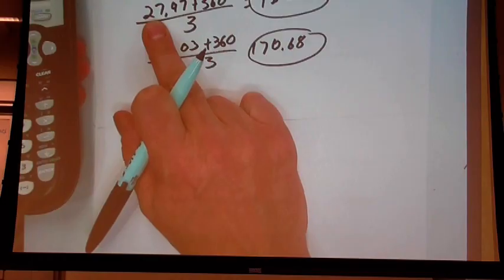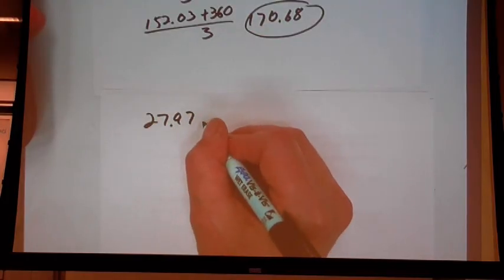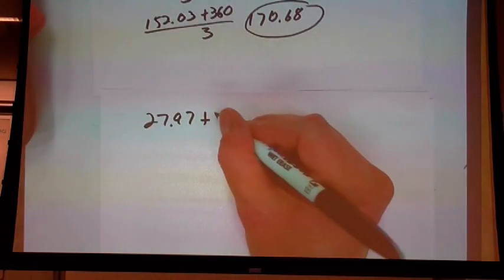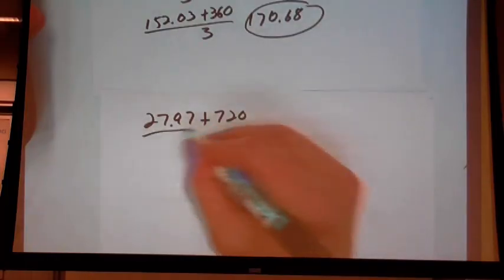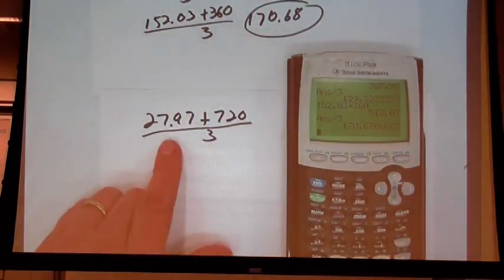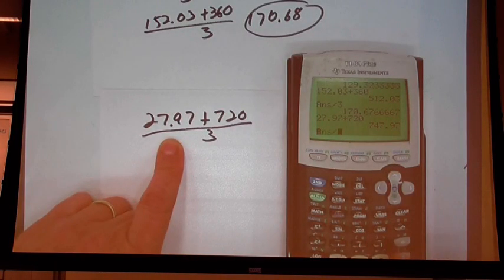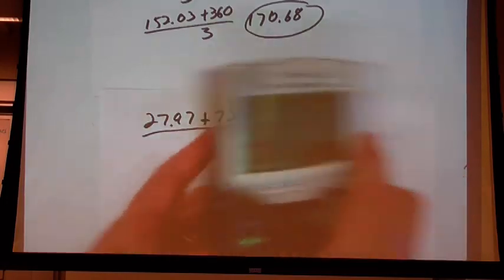Because I could add 27.97, do that down here. 27.97 plus 360 times 2, that's 720. Divide that by 3. Let's try that. 27.97 plus 720 divided by 3. That's 249.